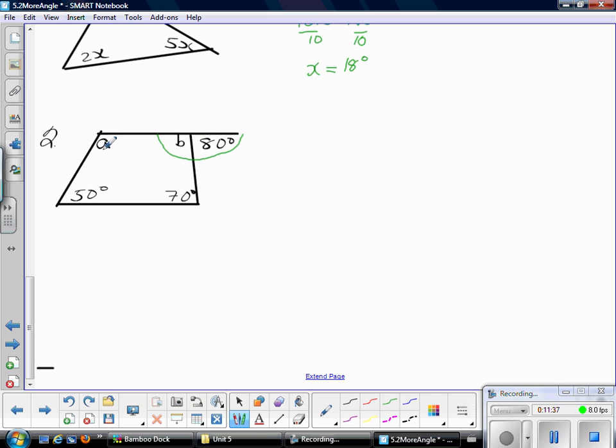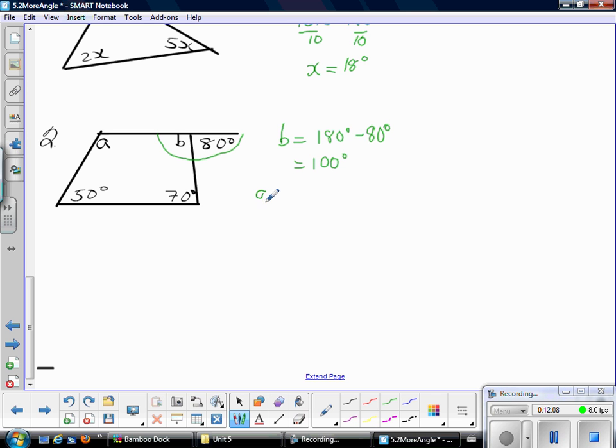So even though when we talk about the alphabet, A comes before B, I can't find A until I have B. So don't be stuck on finding A because you might have to find B first. And that's what we have to do here. So B is going to equal 180 minus 80. And I know you could have done that in your head without writing this down, but it's the process that gets marked as well. So we know that B is 100 degrees.